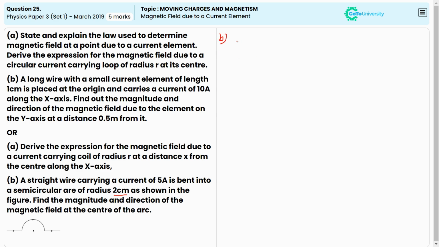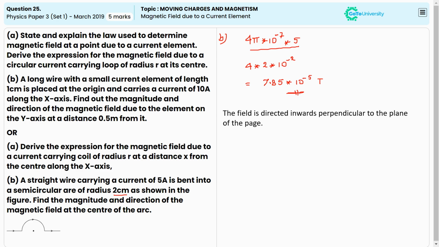We have the formula and substitute the values: 4 pi into 10 to the power of minus 7 into 5 divided by 4 into 2 into 10 to the power of minus 2. If I simplify this, I'm getting the answer 7.85 into 10 to the power of minus 5 T. Okay, that means the field is directed inwards, perpendicular to the plane of the page.